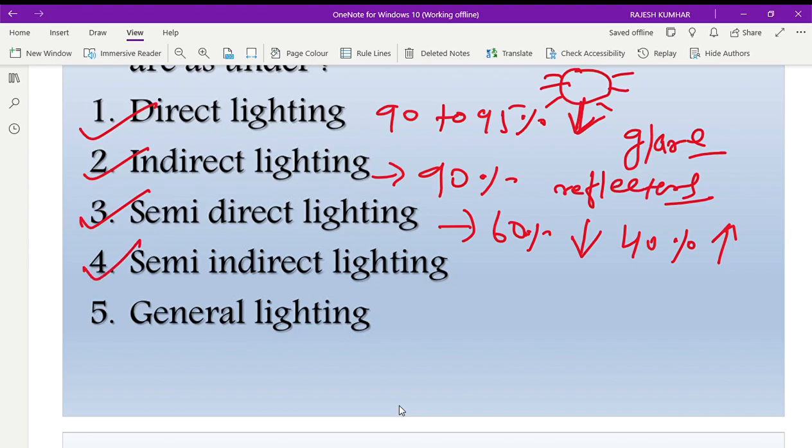Okay guys, now the fourth point is the semi indirect lighting scheme. Here 60 to 90% of the total light is thrown upwards to the ceiling, that means the upward direction, and the remaining 10% is in the downward direction.